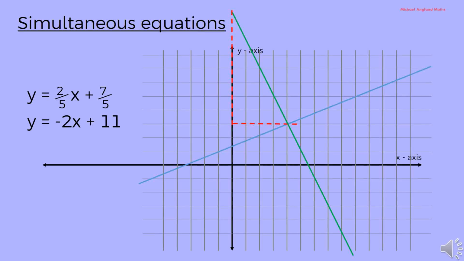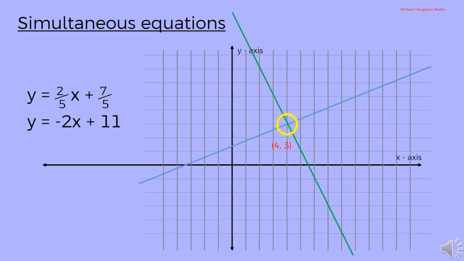Notice that it intersects with the blue line at this point, which looks like 4, 3 graphically, but algebraically we will solve to check if that's the case. So now, unlike the previous slide where we equated the y values, this time we will transform the equations into the form ax plus by equals c, and we'll take a multiple of one and subtract it from the other. Now, y equals 2/5 x plus 7 over 5.